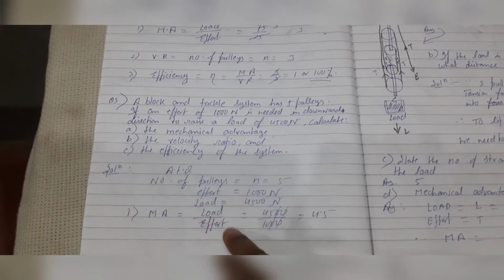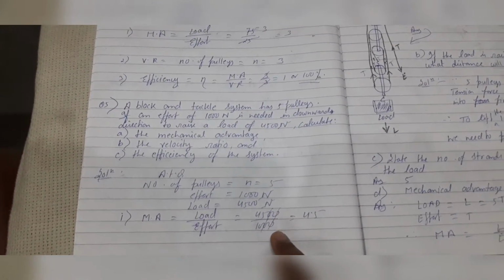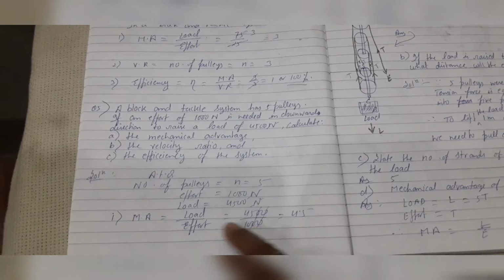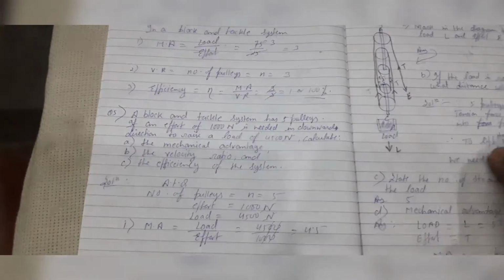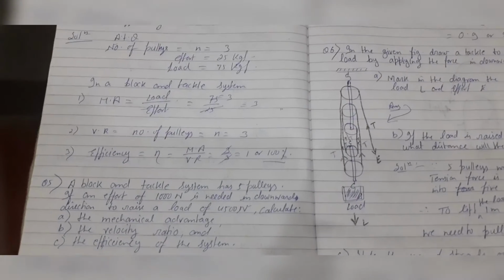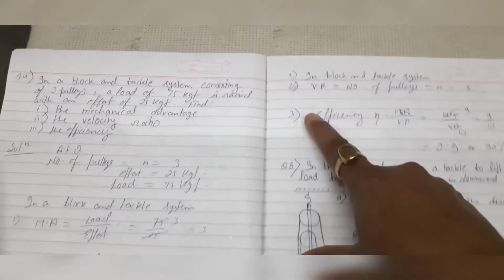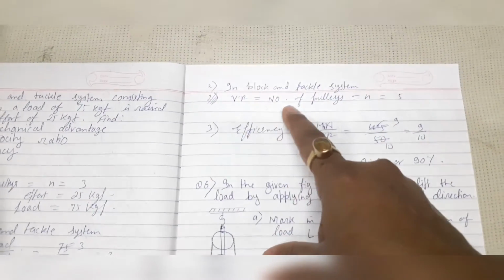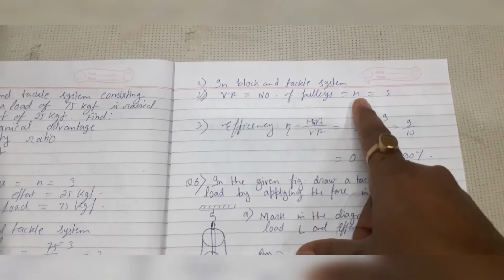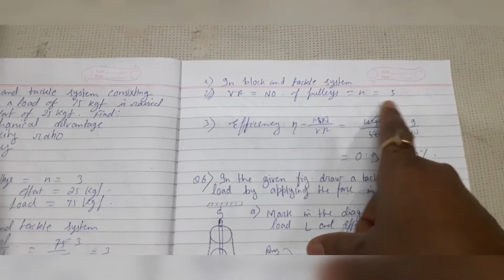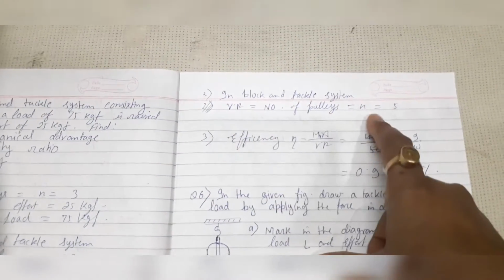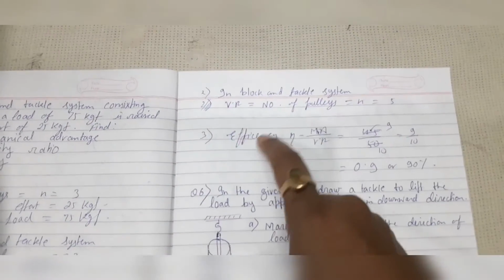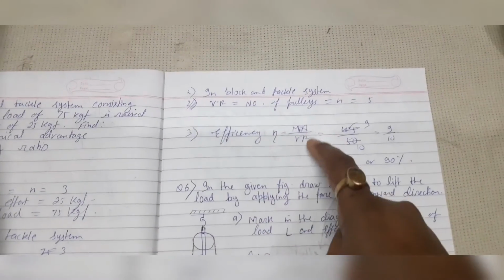Therefore MA is load upon effort, that is 4500 upon 1000, that is 4.5. That is the mechanical advantage. Now for velocity ratio, in a block and tackle system, velocity ratio is equal to number of pulleys, that is n equals 5, which is already given. So VR we get directly without calculation. And efficiency is again MA upon VR.